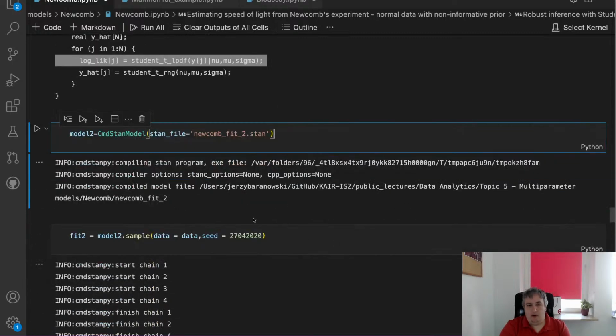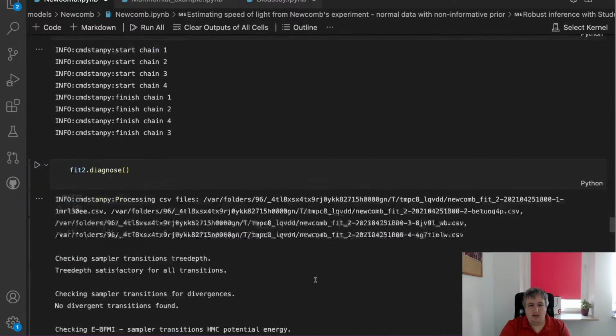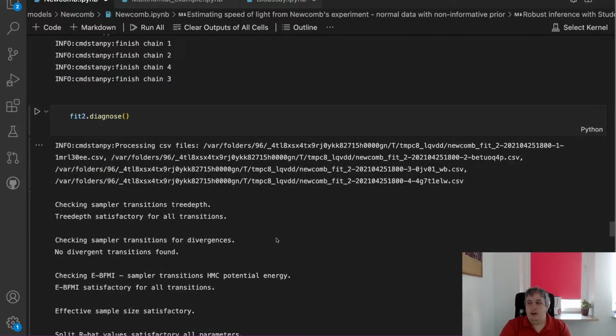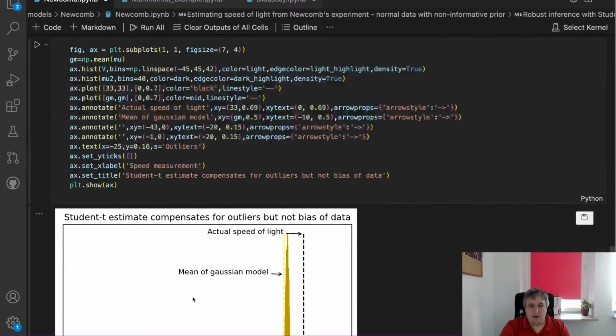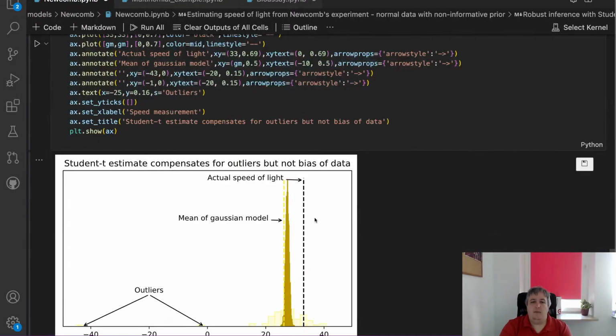So we can, of course, fit our model, compile it, run some chains without any divergences, without any issues. The effective sample size is satisfactory, everything works. And it moves our results a bit away from the outliers, compensates for the outliers, and helps with the outliers.